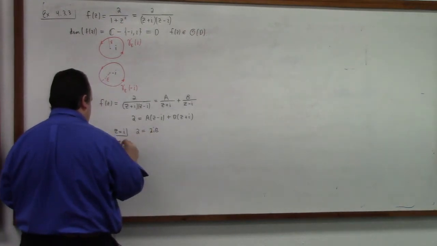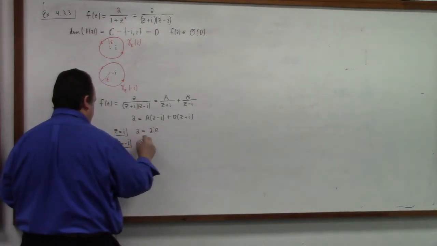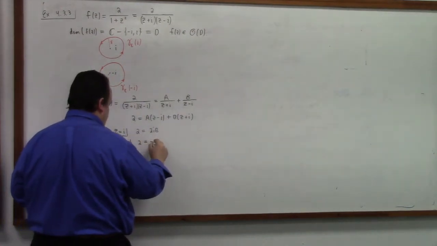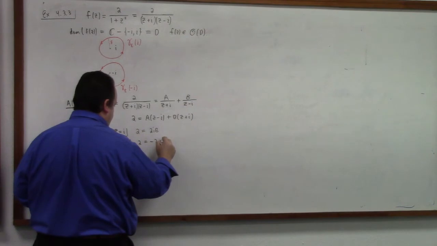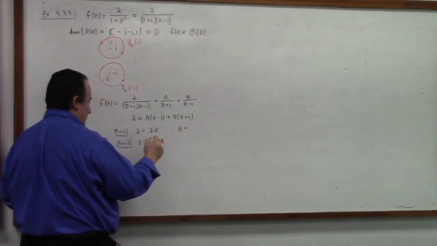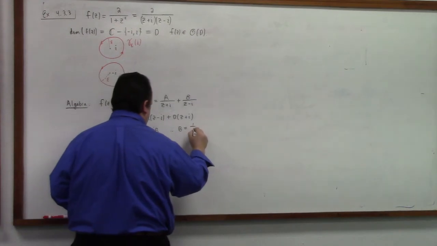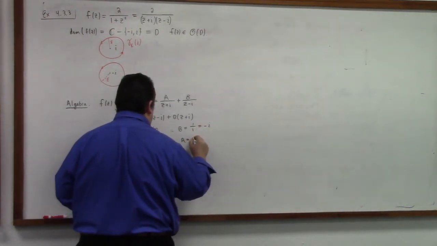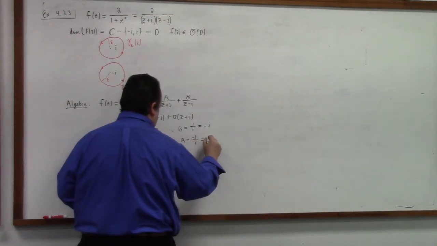And if you plug in z equals minus i, you get minus 2ia. So b is equal to 1 over i, also known as minus i, and a is equal to minus 1 over i, also known as i.